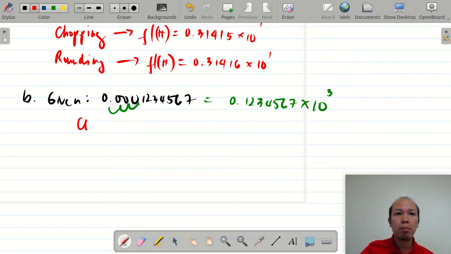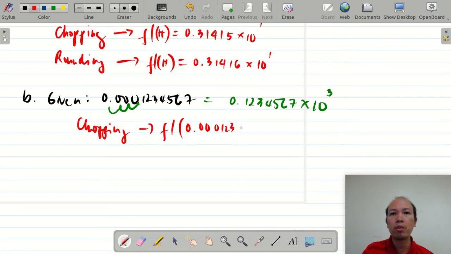So for chopping, FL of 0.0001234567, the answer is 0.12345 times 10 to the 3.